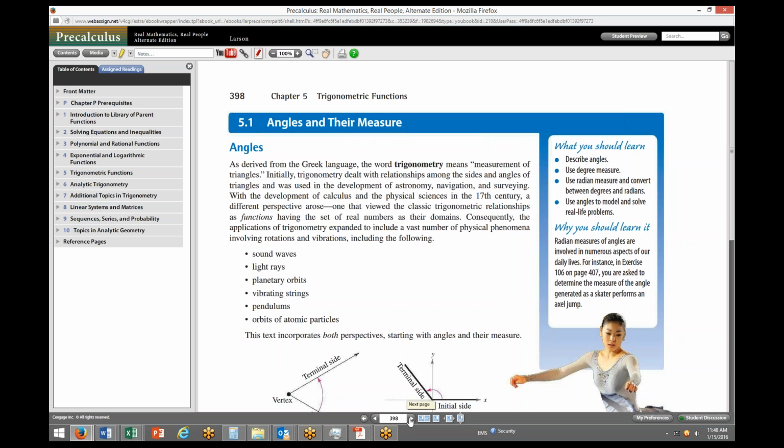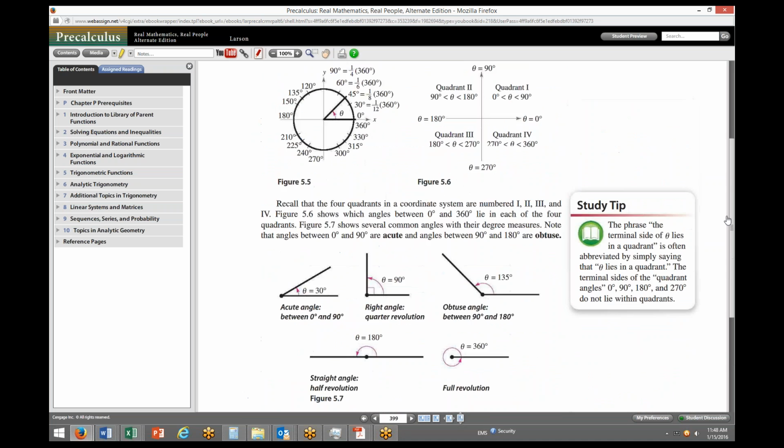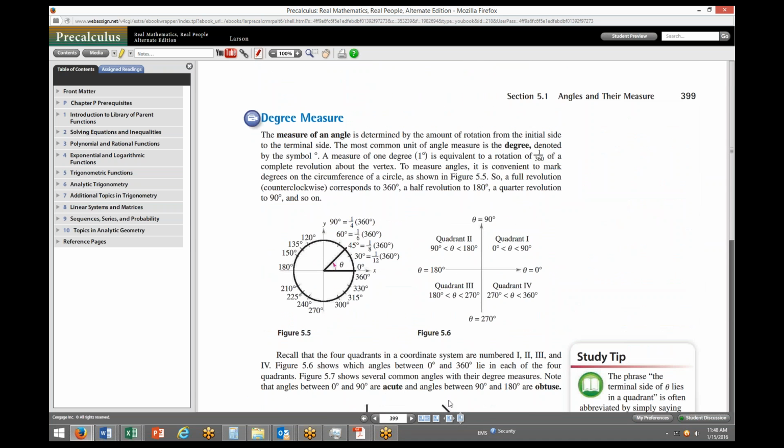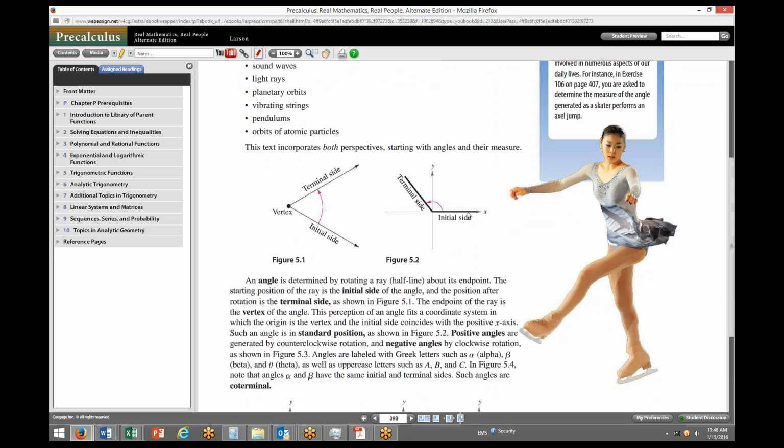But if you have, for instance, on this initial side of this angle, say there is a point A, and the vertex is labeled point B, and on the terminal side we have point C, then we could call this angle ABC or angle CBA, or we can get away with just calling it angle B in this case because it's the only angle having that vertex.